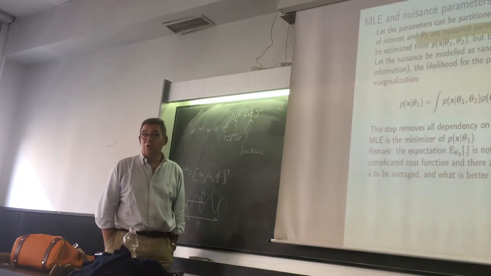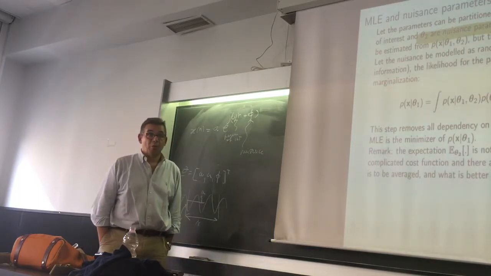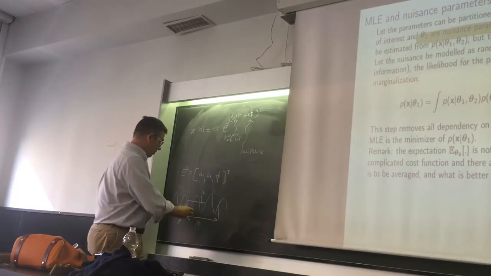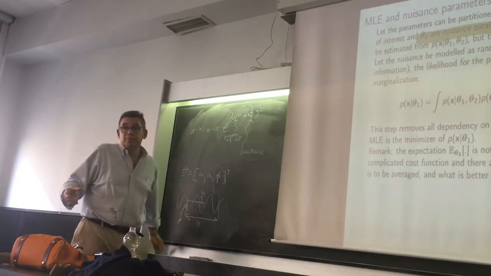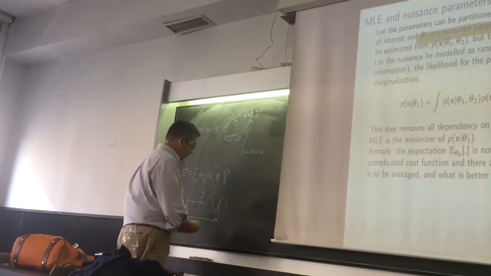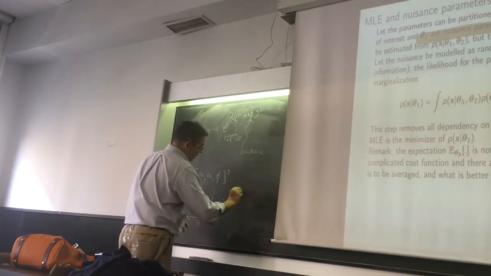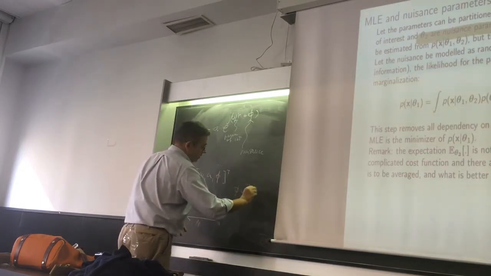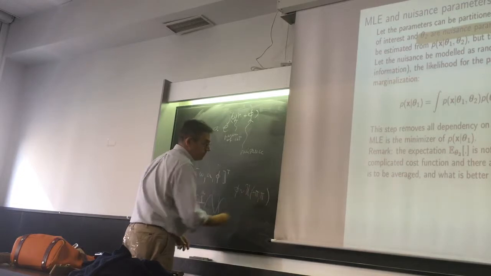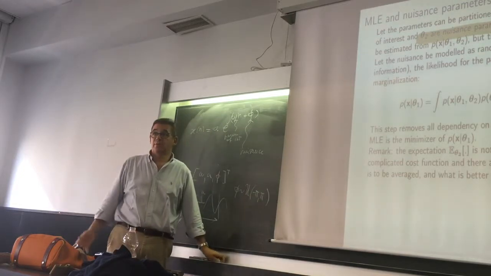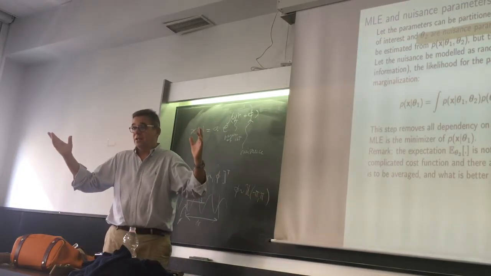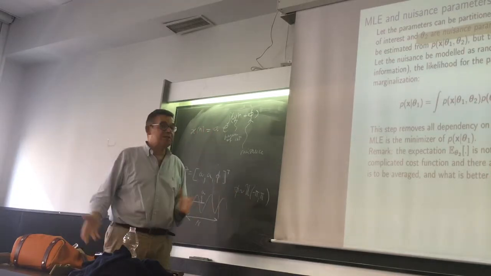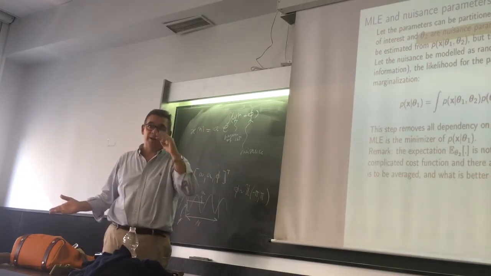Now, how can I model statistically the phase? Well, since this window might be everywhere, I can say that a phase is uniform between -π and π. That's an assumption. I don't know what it is. So, uniform distribution means I know nothing.